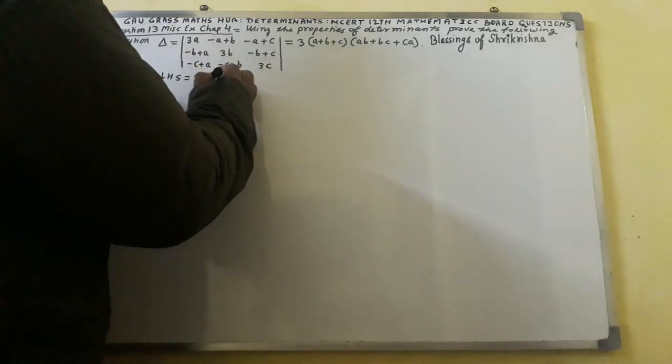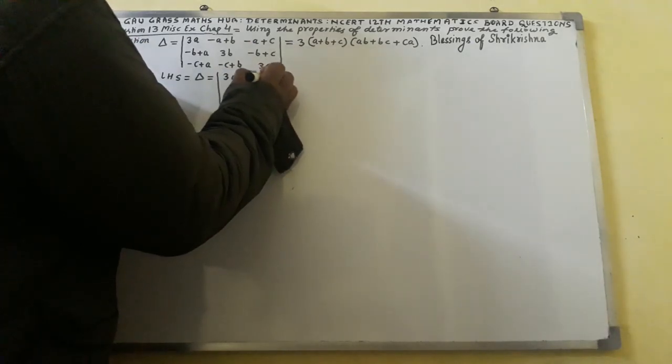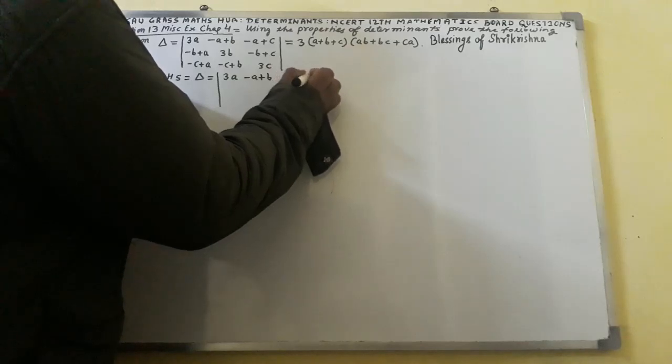LHS is equal to the determinant. Elements of the first row I shall write 3a, minus a plus b, minus a plus c.